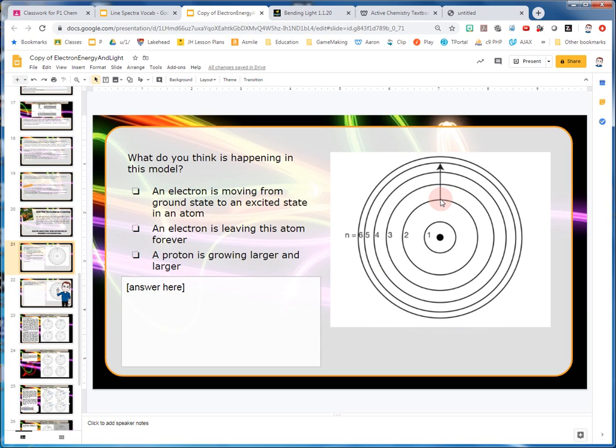So it looks like the electron is moving away from the nucleus, so these must be the higher energy levels on the outside. And these must be the lower energy levels on the inside.